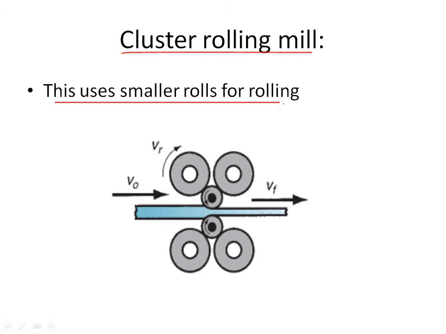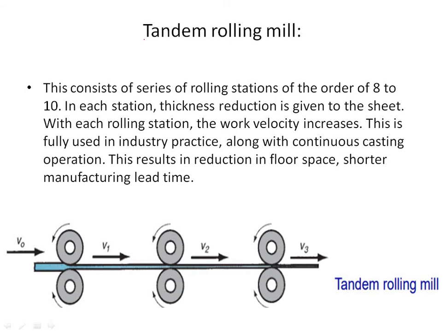Next we will be discussing cluster rolling mills. This uses smaller rolls for rolling. You all can see in the cluster rolling mill 1, 2, 3, 4, 5 and 6. So we have 6 rolls, and the direction of rotation of the rolls has been shown with arrow marks. Next will be the tandem rolling mill.